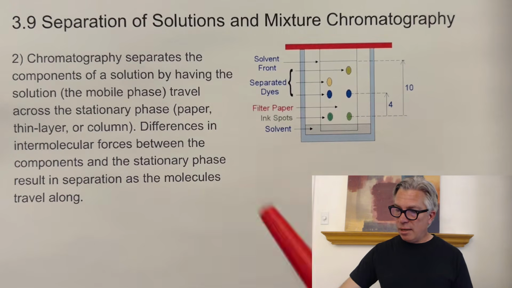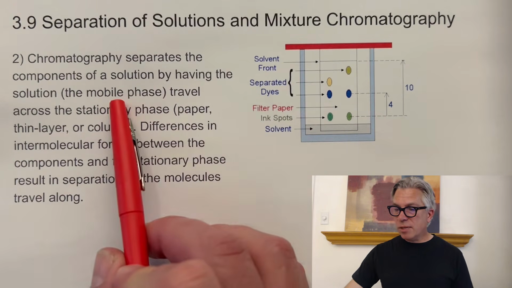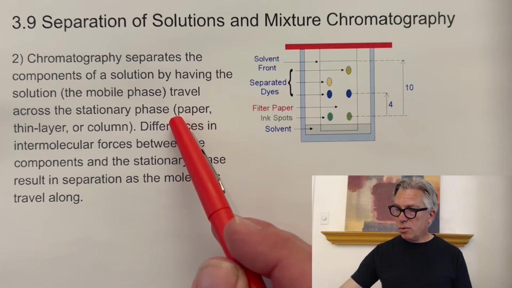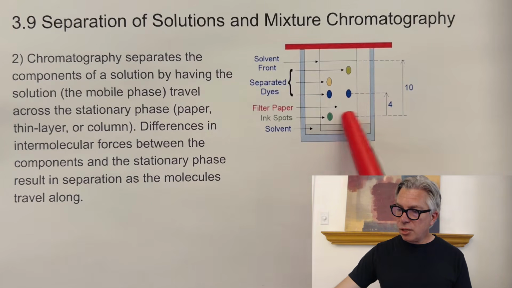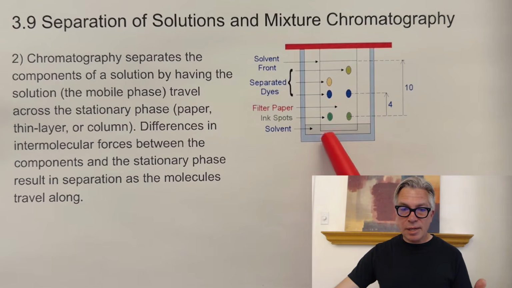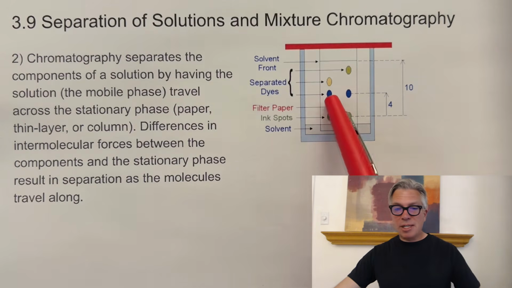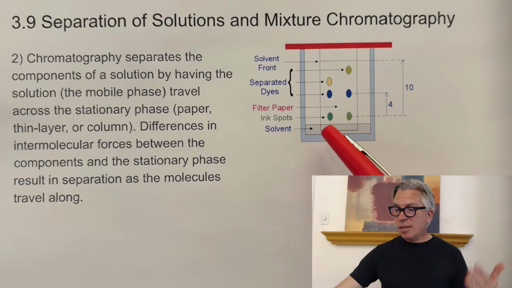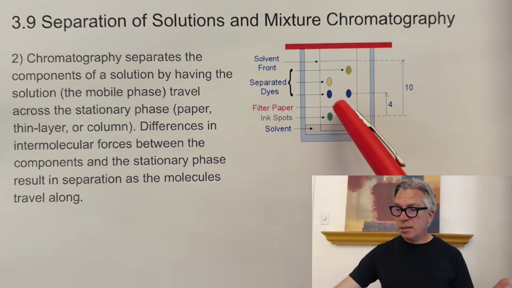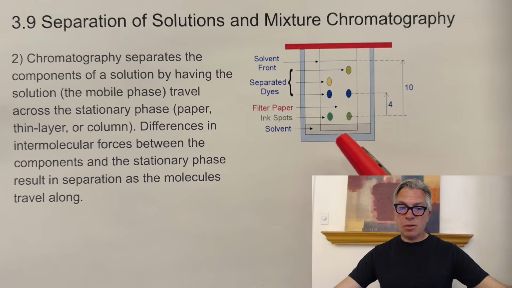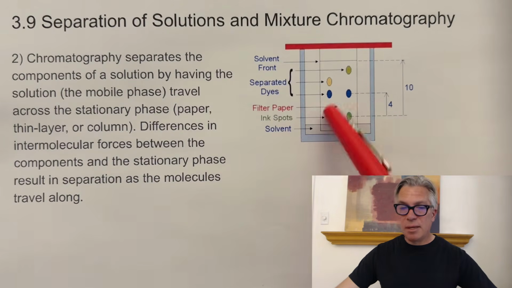You have a mobile phase moving across a stationary phase, and the molecules in the mixture get picked up by the mobile phase and travel across the stationary phase. But here's where it gets fun. Depending on the intermolecular forces of the molecules in the mixture, some may move faster across the stationary phase than others.